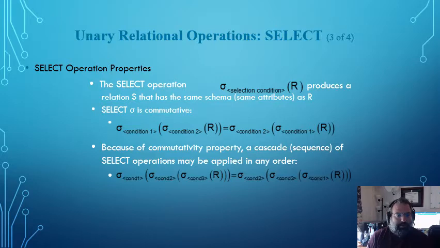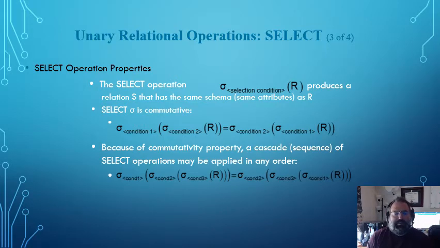the select operation properties. The select operation produces a relation S that has the same schema or attributes as R. Select sigma is commutative, so the ordering or nesting of them is going to be roughly the same because of the commutative property.